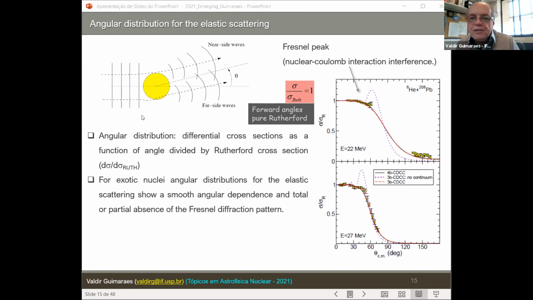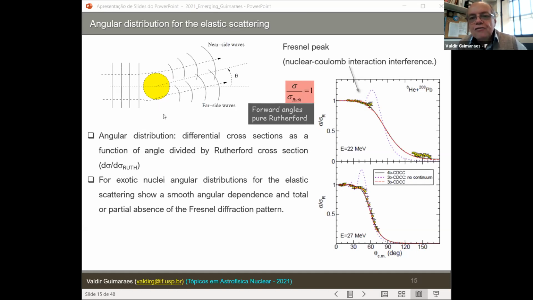So for very tightly bound nuclei, the hard disk approximation works fine, and then we can have only the influence between the Coulomb and the nuclear potential. But in case of a weakly bound nature, this is a diffuse surface.